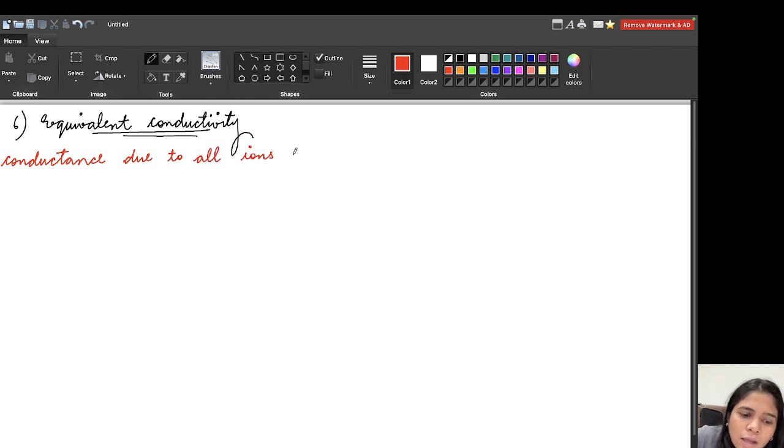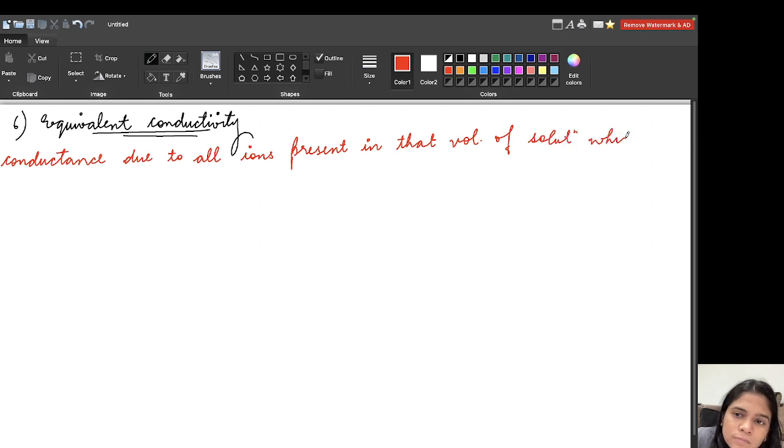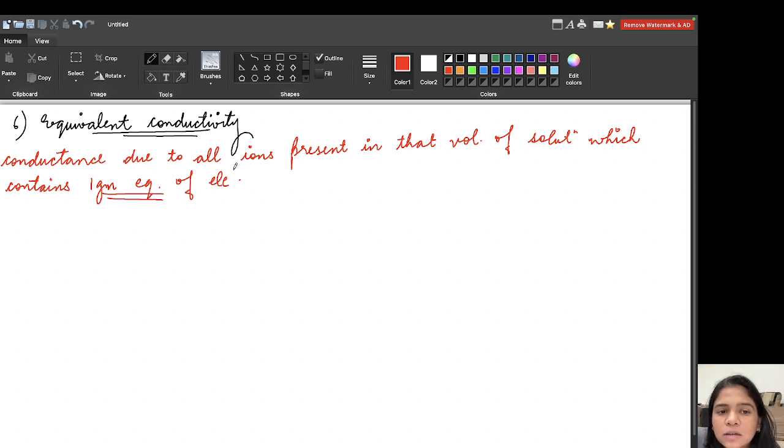Conductance due to all ions present in that volume of solution which contains 1 gram equivalent of electrolyte. So instead of taking 1 mole of electrolyte, we are taking here 1 gram equivalent of electrolyte.